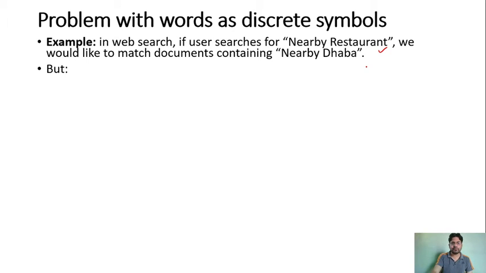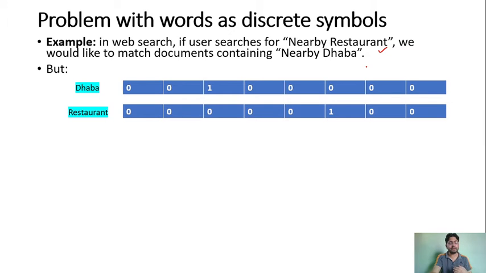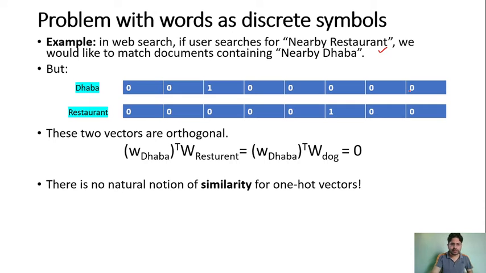So in that case, if you are representing with one hot vectors, it will look something like this. Now in order to find the similarity, you do the dot product between them. Once you do the dot product, you will get zero. In that way you can say these two vectors, or any two such vectors, are orthogonal in nature, so the dot product is 0.